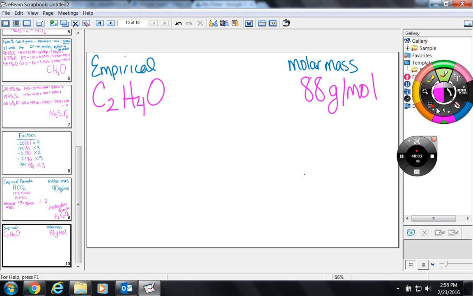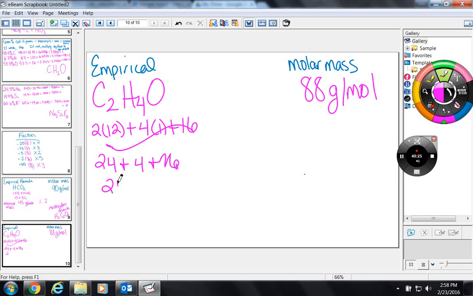What do we know? Well, the first one is as is. So the empirical mass is 44 grams per mole, right?